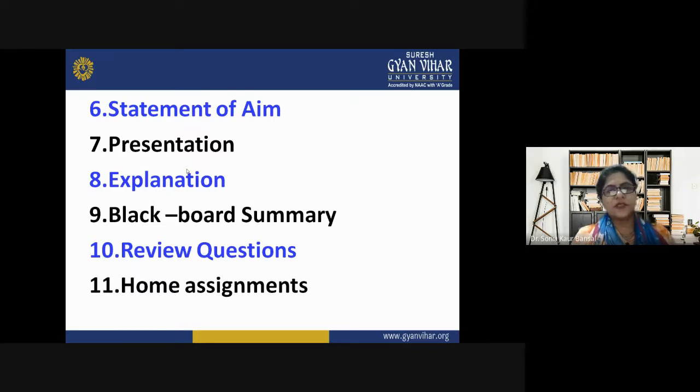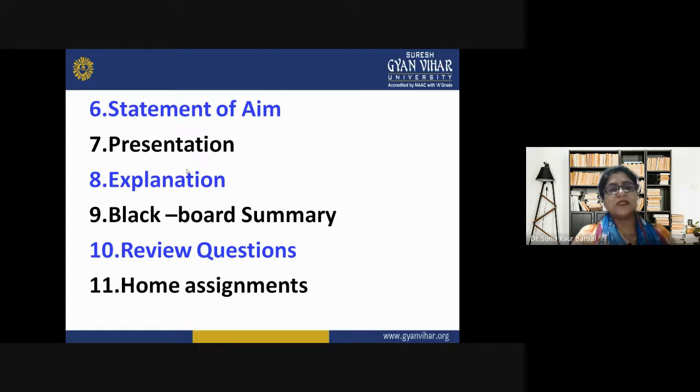For example, students, if we are talking about a prose lesson plan, then definitely in the presentation part, the teacher first does the model reading, and then the second step involves imitative reading, and then we are also seeking the mispronounced words, and detailed exposition is there, comprehension questions are there, thought provoking questions are there, silent reading is also there. So these are all the steps involved in the presentation part.